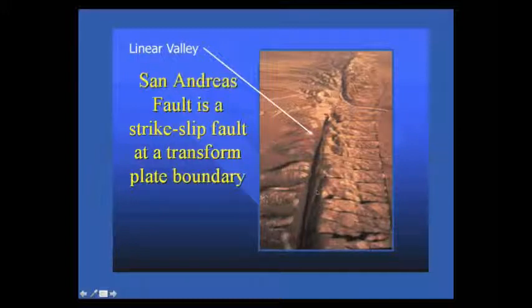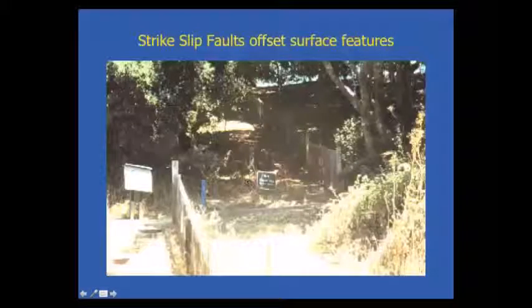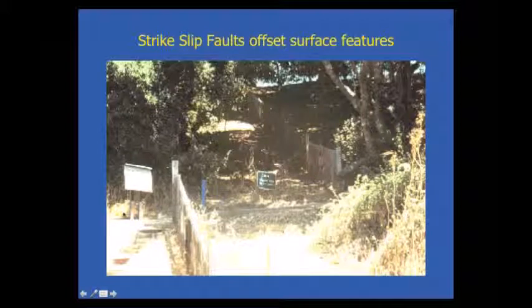And we can see some features that have been offset across this fault. Here's a picture of a fence that is offset. It seems like a silly way to build a fence. But when the fence was built, it continued straight across. It turns out there was a fault offsetting the fence, and as strike-slip motion occurred, shearing stress resulting in strike-slip motion, the fence basically broke and has been offset.